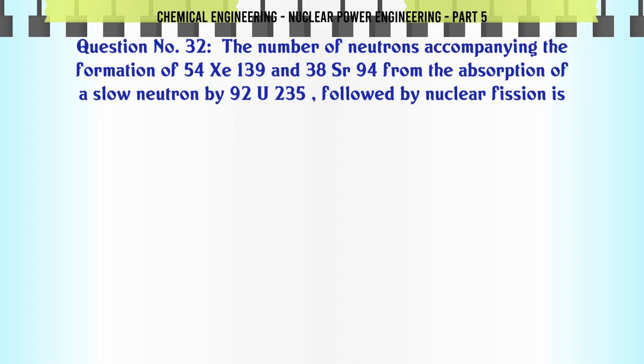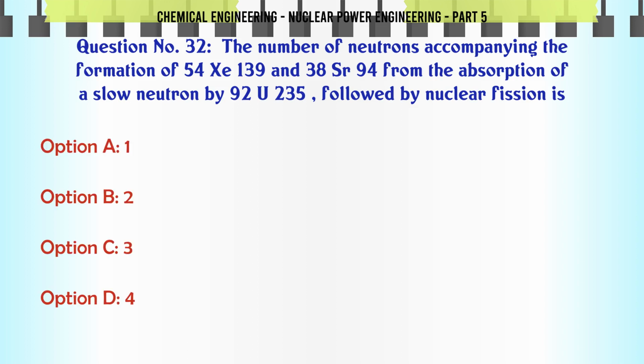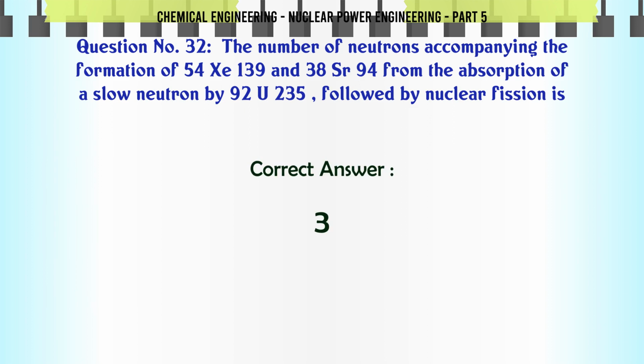The number of neutrons accompanying the formation of 54Xe139 and 38Sr94 from the absorption of a slow neutron by 92U235 followed by nuclear fission is A. 1, B. 2, C. 3, D. 4. The correct answer is 3.